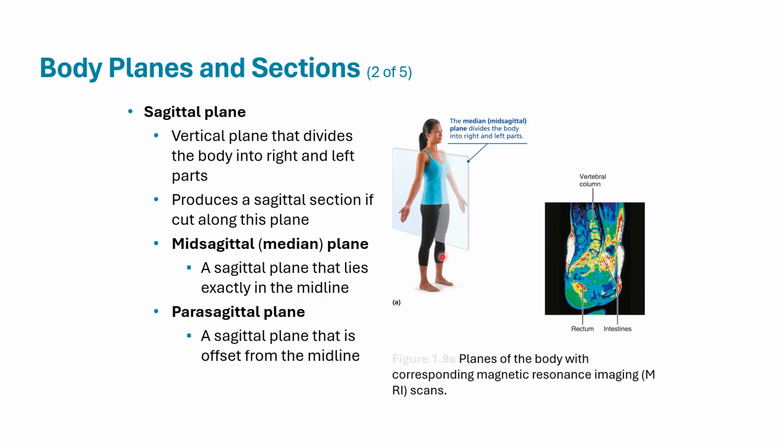Okay, so a parasagittal plane is a sagittal plane that is offset from the midline. Okay, so that would mean if you take this piece of plexiglass and shift it either to the left or the right, now you don't have equal body parts on right and left.